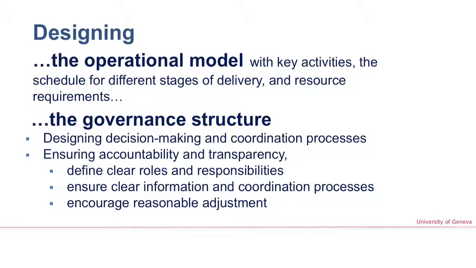Well, here are certain principles that I think are helpful for ensuring transparency and accountability. Let me take 3 points that I think are important. You have to define clear roles and responsibilities in an accountable relationship.